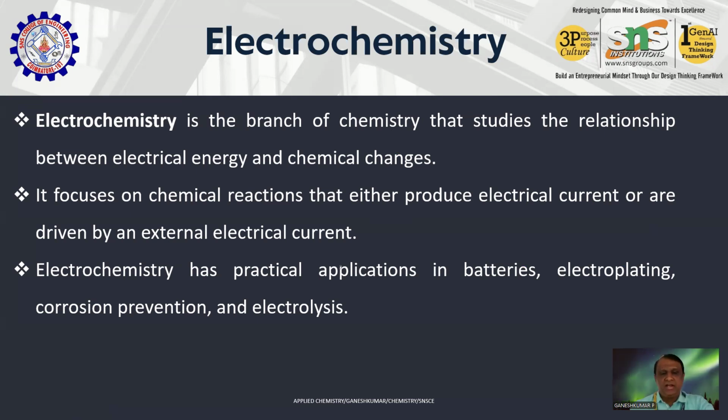Its focus is on chemical reactions that either produce electrical current or are driven by an external electrical current. It is a practical application which we see in our day-to-day life, like batteries, electroplating, electrolysis, corrosion prevention, etc.